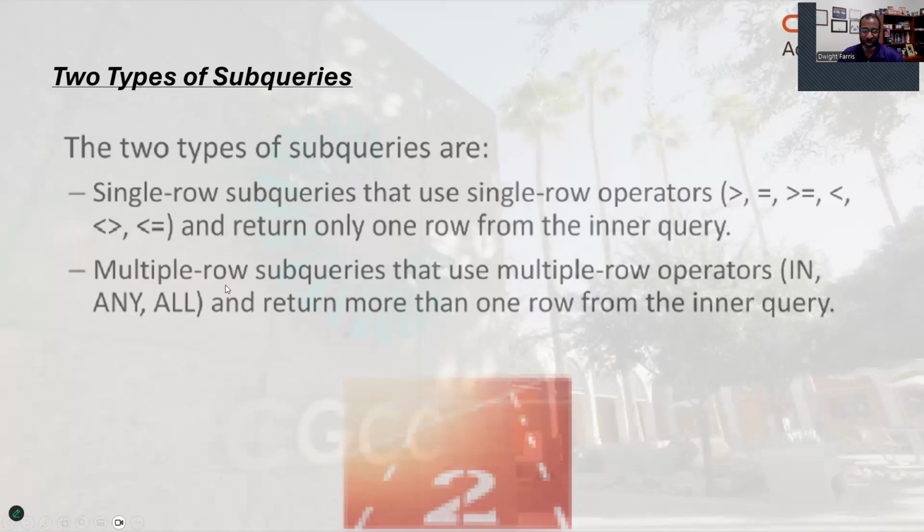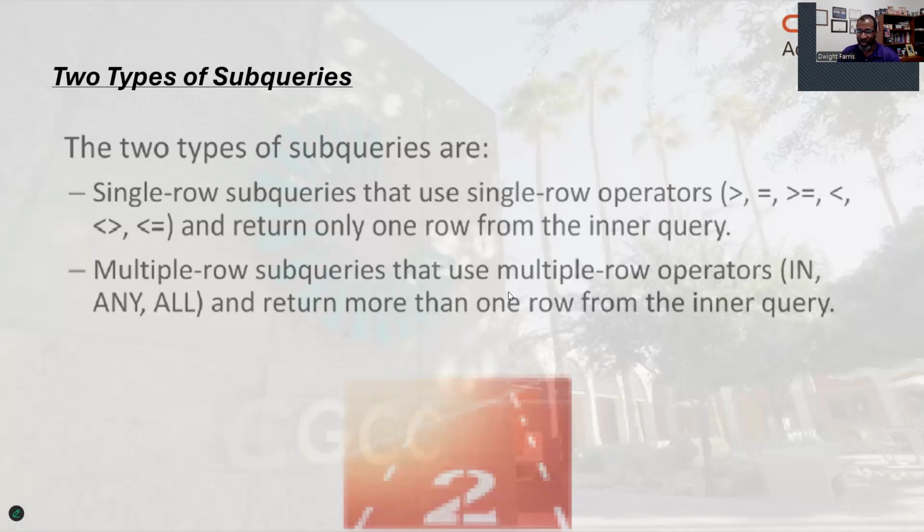And then there are multiple row or multi-row subqueries that use multiple row operators: in, any, all, and they return more than one row. So just remember single row and multi-row. The single row operators are pretty straightforward. The in, any, and all, we'll have examples of that, and it'll make sense once you see those examples.